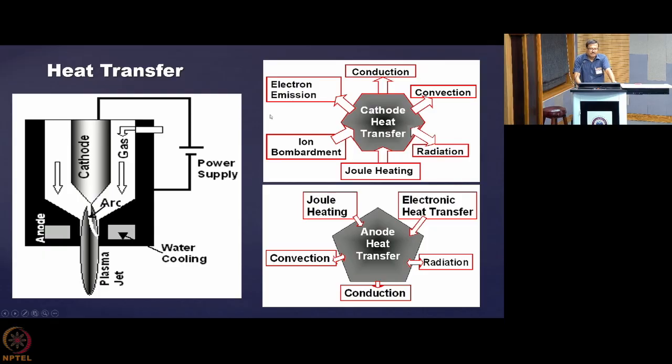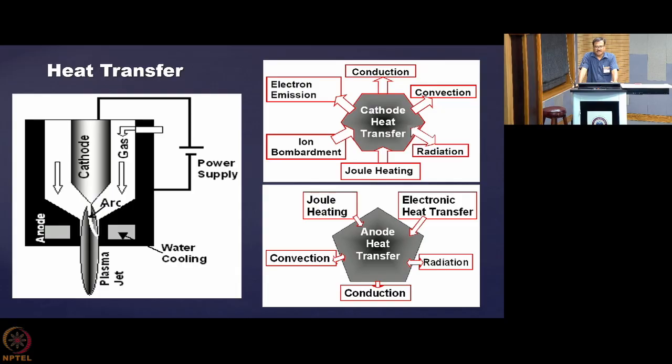Okay, so that is another way of heat transfer in the cathode. When you come to the anode, what are the different processes? They are Joule heating, because current is anyway going through it and then to the ground. Then electronic heat transfer, radiation, conduction, and convection. The only things not present there are ion bombardment and electron emission.